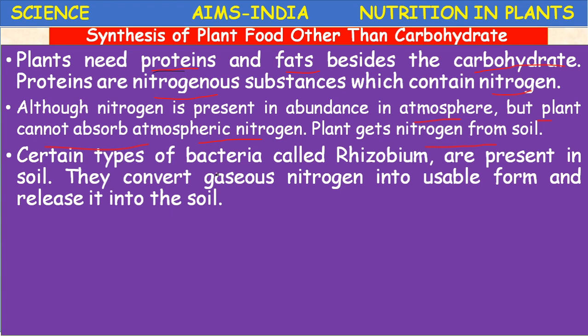In order to use that nitrogen, the plants take the help of certain types of bacteria. Certain type of bacteria called rhizobium bacteria are present in the soil. It's a free living bacteria. They convert the gaseous nitrogen into usable form and release it into the soil.